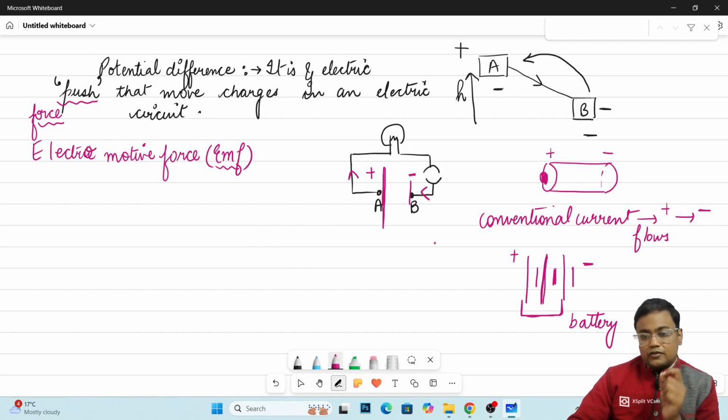So the electrons are given a direction, they are pushed, and for pushing these electrons, a potential difference has to be created between the two ends of the circuit, and that is going to happen only when you are placing a battery or a cell, or providing it with some energy, right? Now what is happening over here in a cell or a battery?